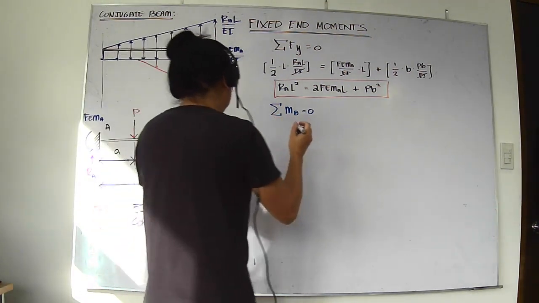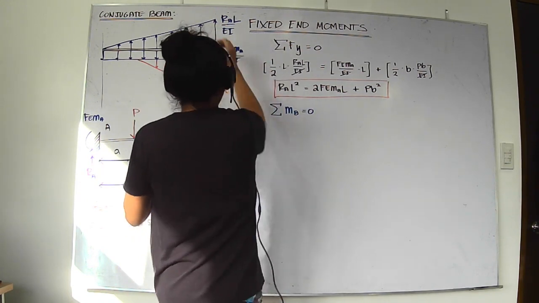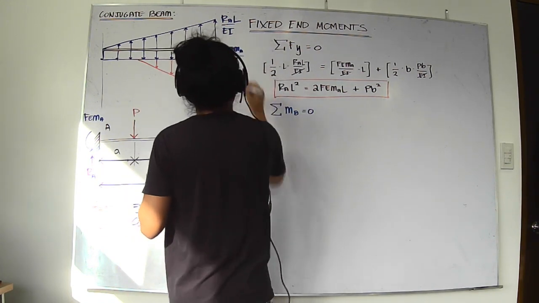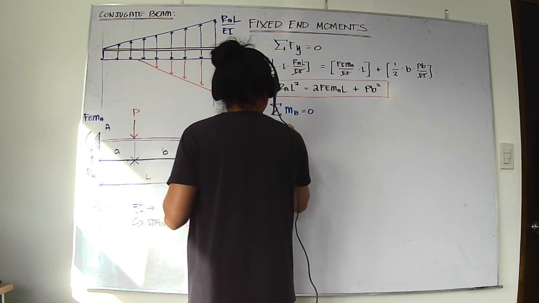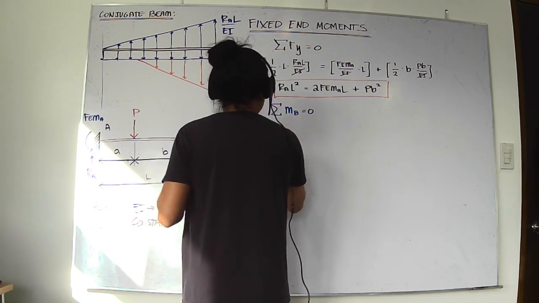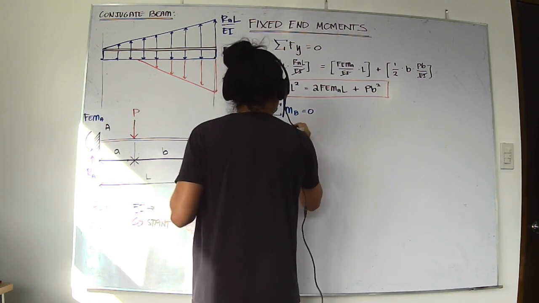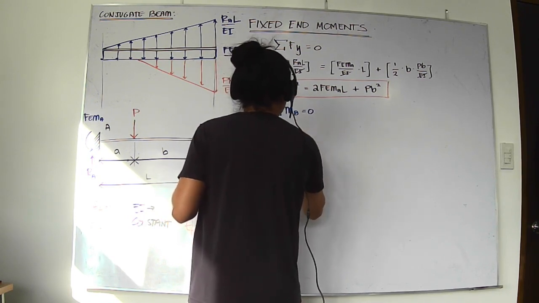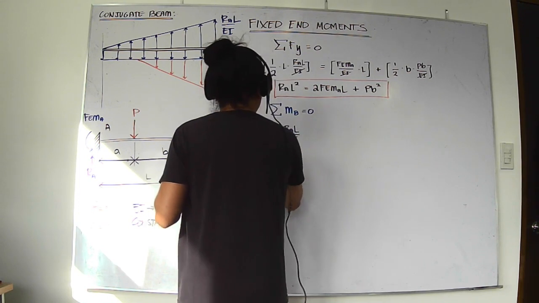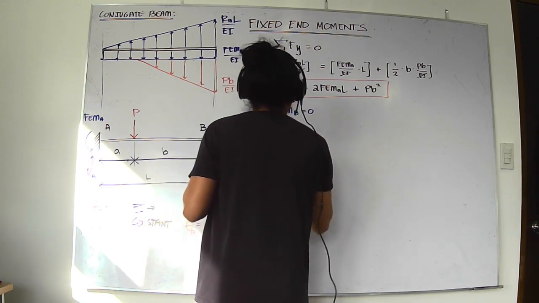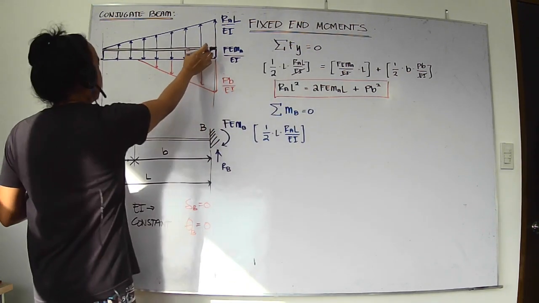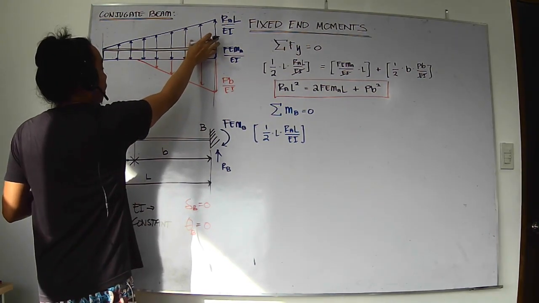So in that case, for one side of the equation, we have the triangular blue, which is 1/2 times base times height, RAL over EI, multiplied by its moment arm, which is 1/3 of this.